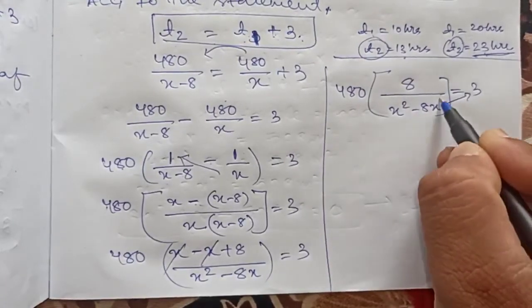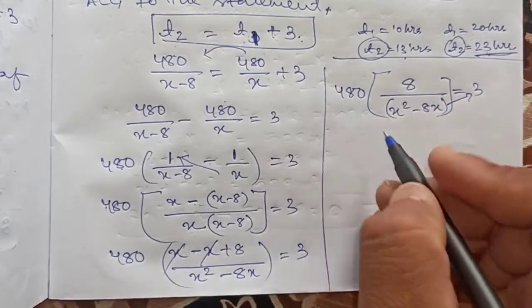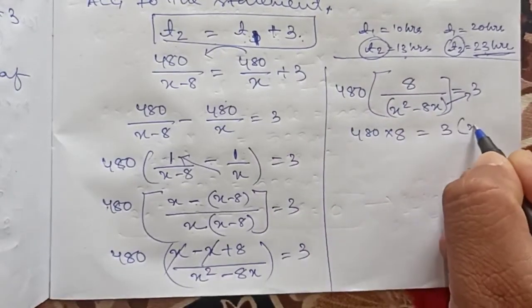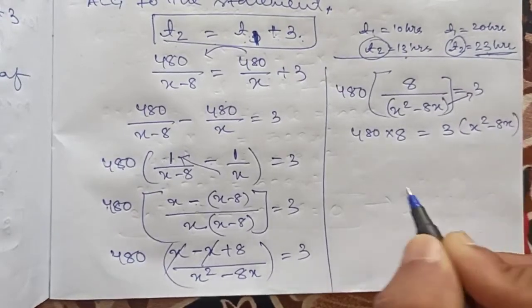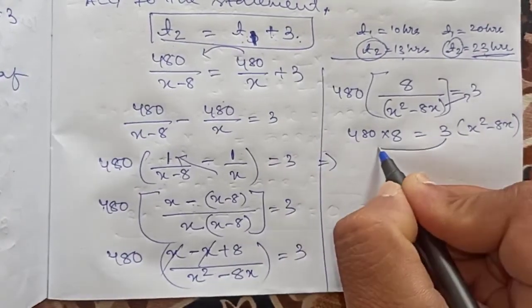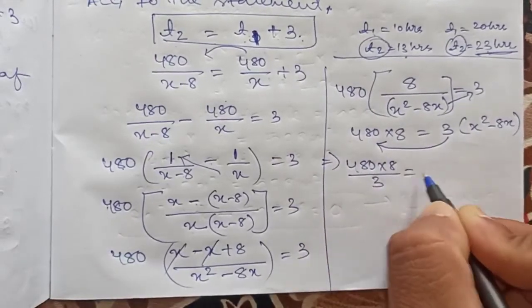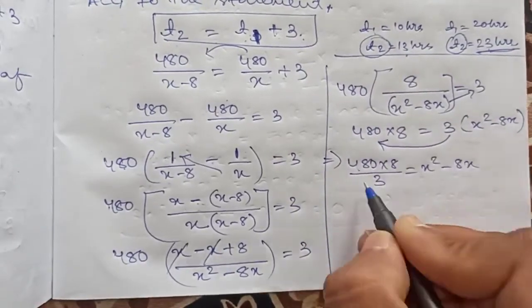Multiply this term here, we will get 480 into 8 equals 3 into x square minus 8x. Divide by 3 on this side, 480 into 8 by 3 equals x square minus 8x.